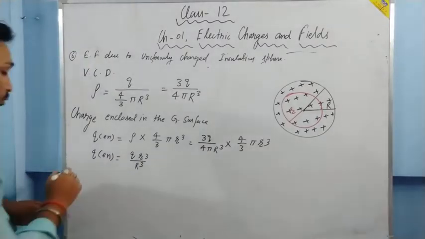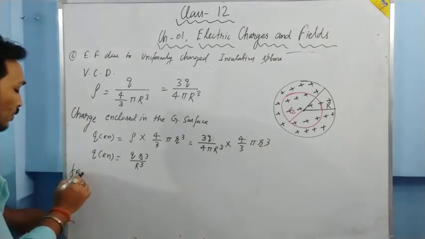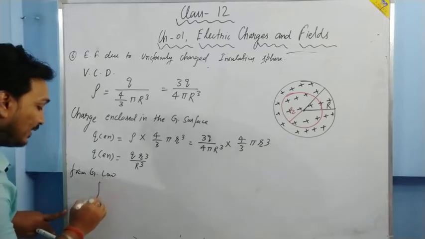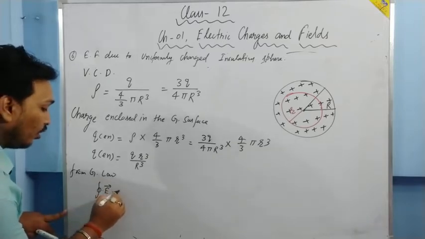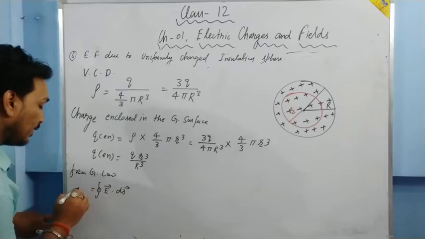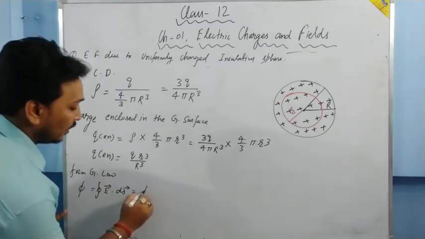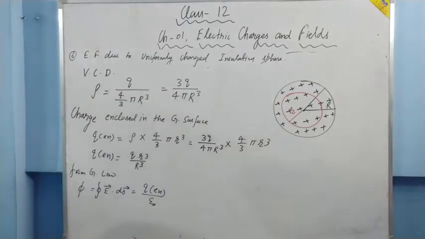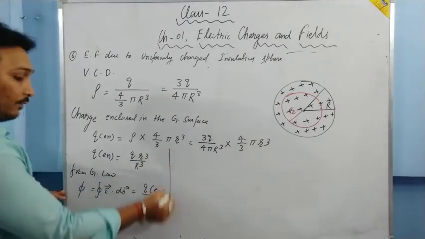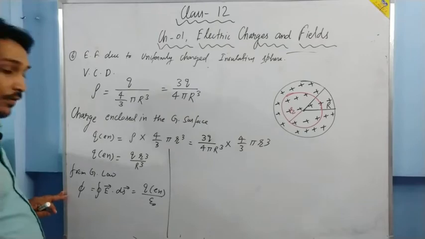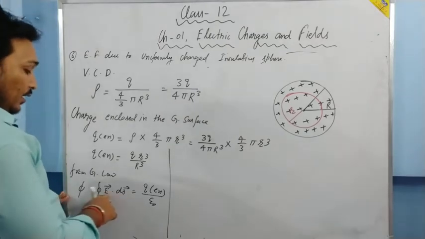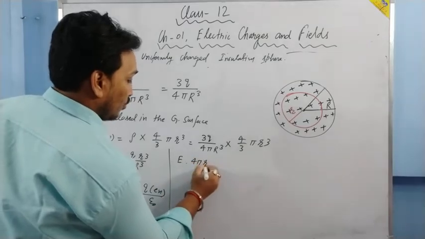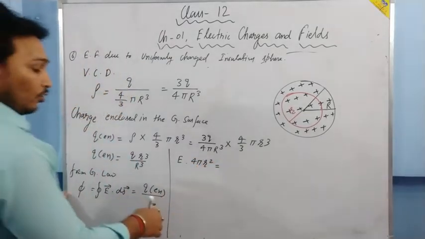Now from Gauss law, surface integration of E vector dot ds vector, which gives us the value of total flux, is equal to q enclosed upon epsilon naught. Okay. So for that thing, if we solve it, what we are going to have? E will be out of the integration. For ds it will be 4 pi r square. So many times we have done so. Now q enclosed upon epsilon naught.